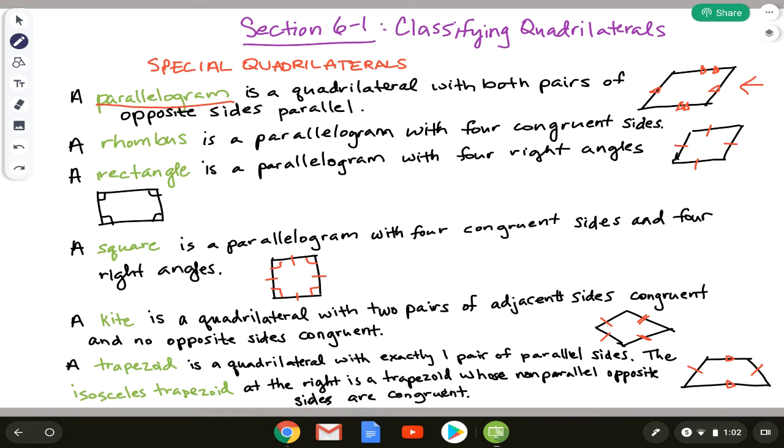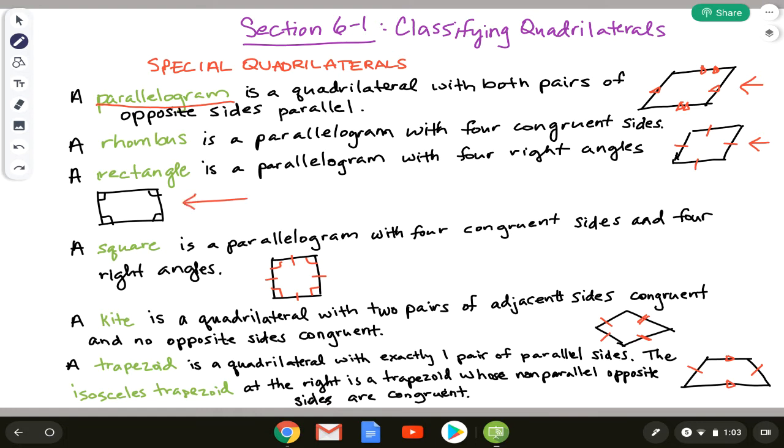A rhombus is a parallelogram that has 4 congruent sides. So that means a rhombus, since it is a parallelogram, has equal sides, but it also means that the opposite sides are parallel because it's a special case of a parallelogram. A rectangle is also a special case of a parallelogram, and in this case it has 4 right angles.